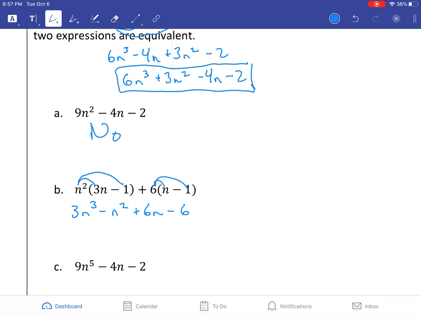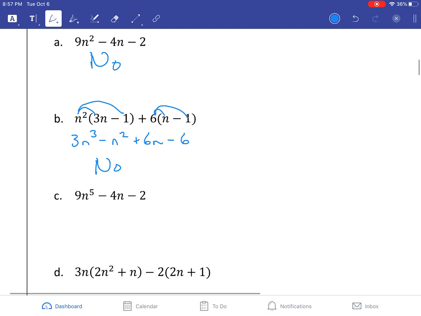There is nothing else to combine with letter B. And if we look at our first expression, the 6n cubed part, those obviously don't match, so those are a no. C is also a no because that's obvious.